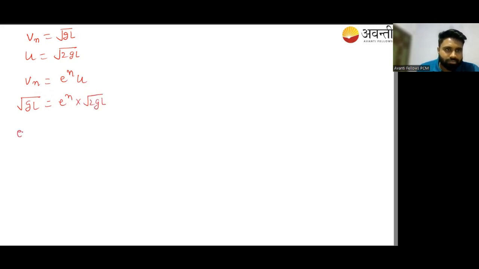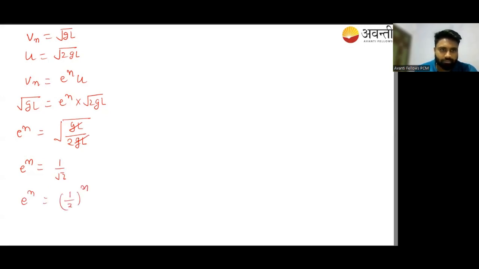Now e raised to the power n equals root gL over root 2gL. Now if you calculate, gL and gL will cancel out. This e raised to the power n here is nothing but 1 by root 2, or you can say e raised to the power n is 1 by 2 raised to the power 1/2. Okay, got it?